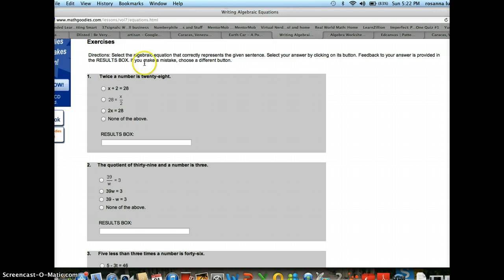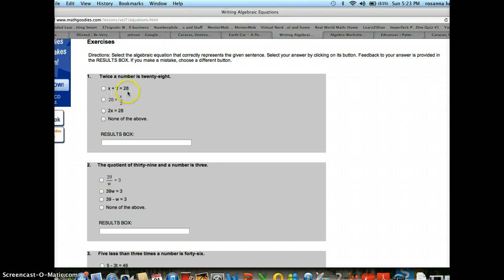Let's say we would like to write the algebraic equation for twice a number is 28. We have the word is, and it's giving you a result of 28. So the result is 28, twice a number, which means 2 times a number. We're going to look at which one describes this sentence.